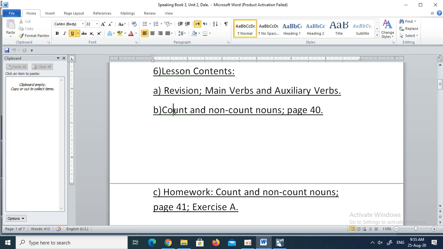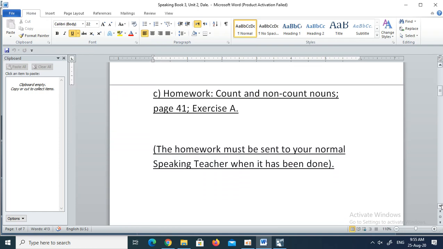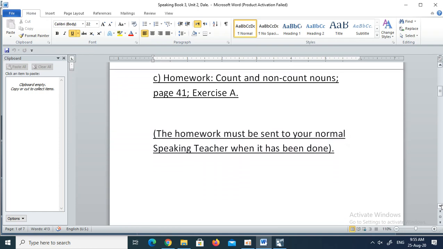And then we are going to do count and non-count nouns, which are on page 40 of the textbook. And our homework for today is going to be taken from page 41 of the textbook. It will be exercise A, and it is an exercise again on count and non-count nouns.